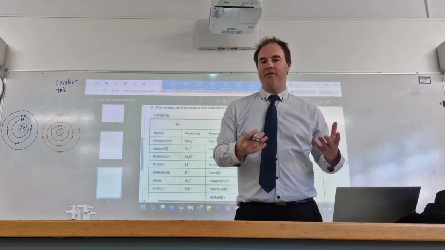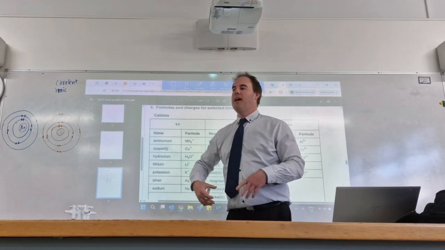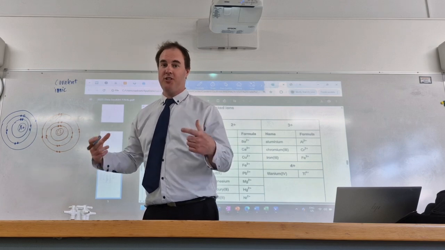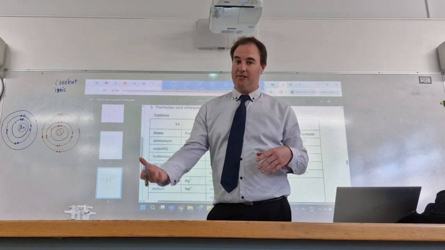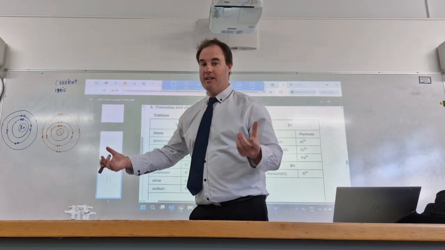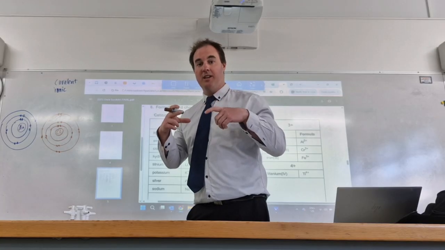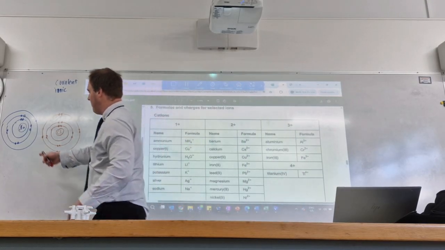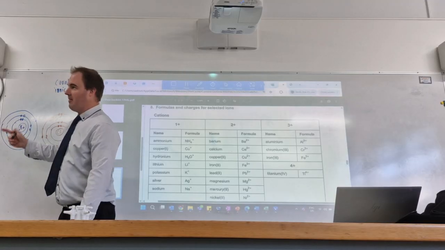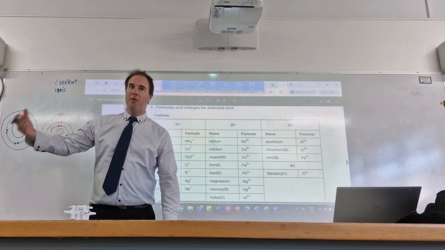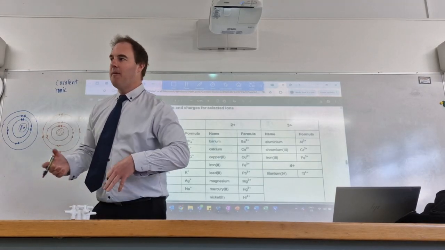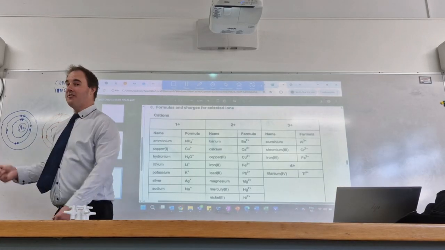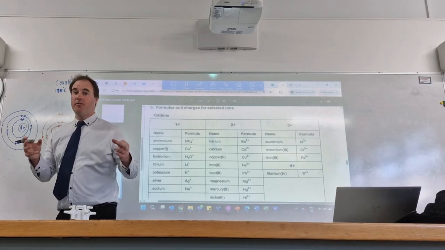Atoms like to have a full outer shell. And they'll either gain extra electrons to fill up that shell, the outermost shell, or they'll give away electrons in order to lose a shell and drop down to the next shell, which is full. So, for example, sodium over here, this third shell can hold 8. It can hold more, and you learn about that in VCE, but for now, at a year 10 level, let's just say it holds 8, and then we consider it to be full.